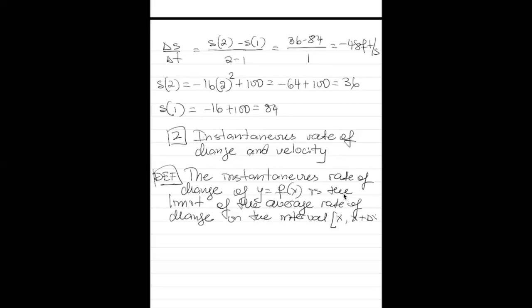We used to have a to b, now it's from x to x plus delta x. The difference between the two points is delta x, as delta x approaches 0.